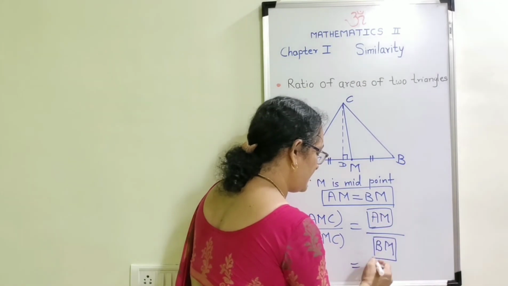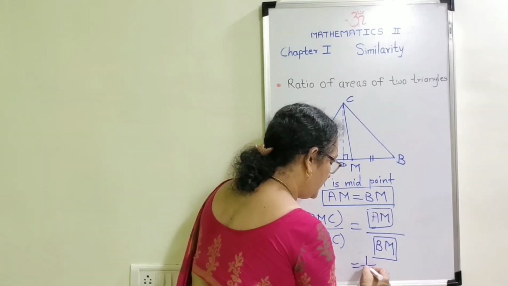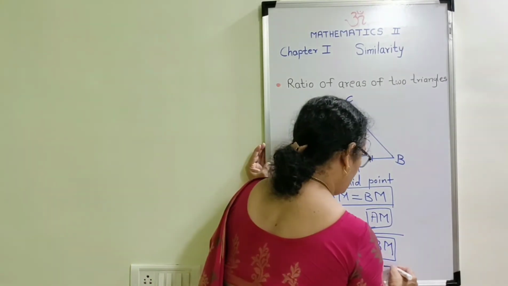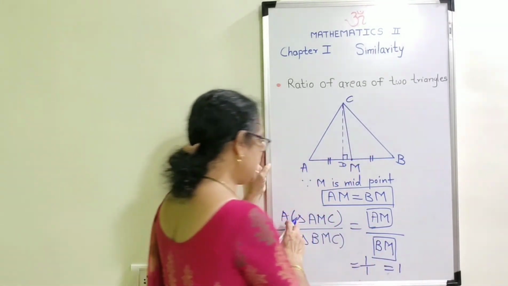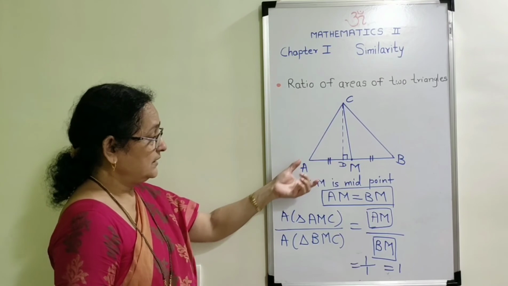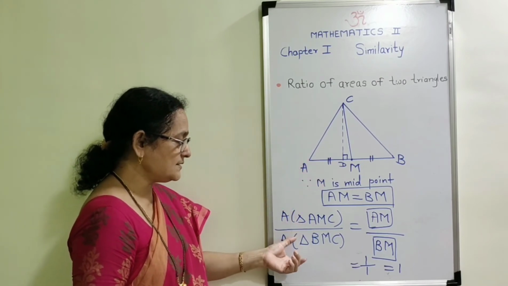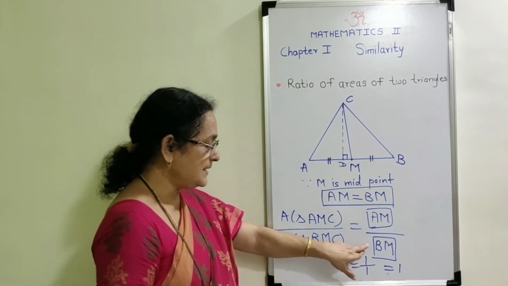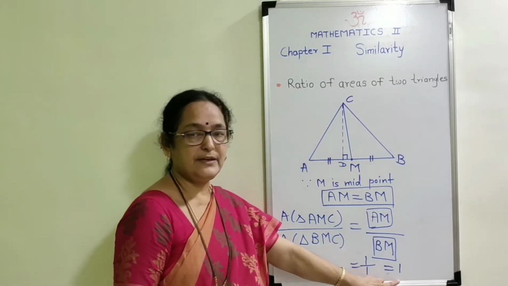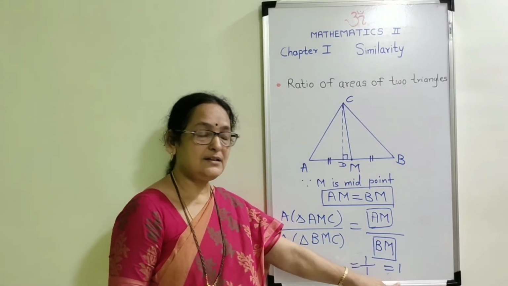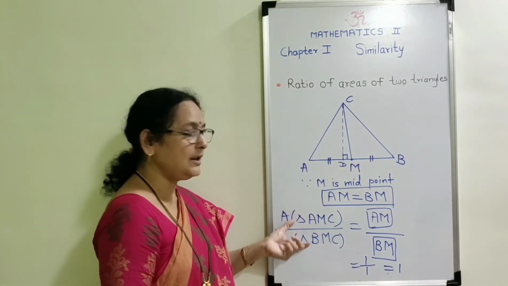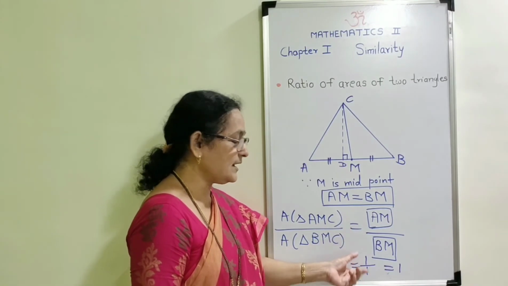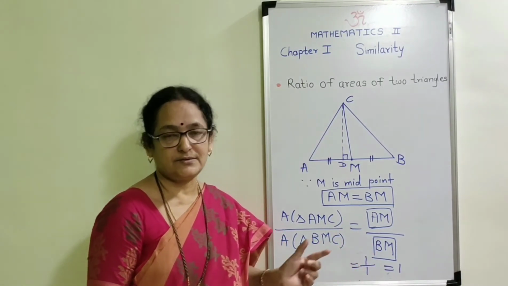Both the segments are equal, therefore the ratio is 1:1, that is equal to 1. That means when the heights are equal and bases are also equal, we can say that the triangles have equal areas, or in other words, the ratio of their areas is equal to 1:1.